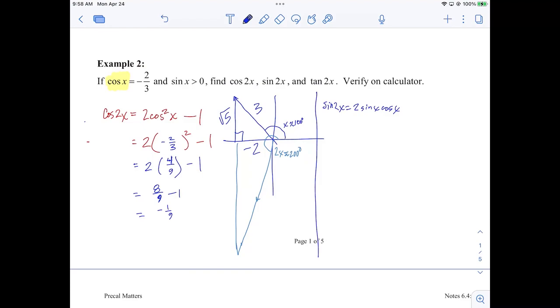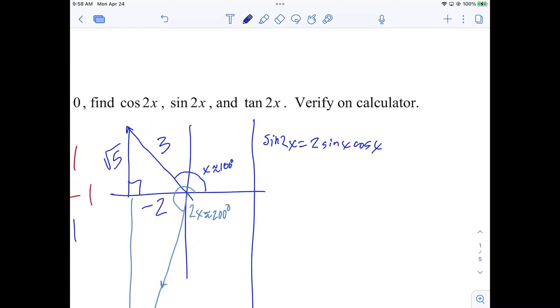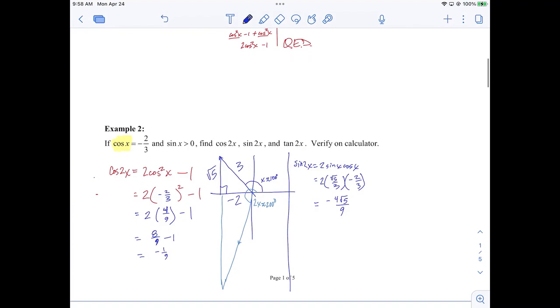I have to have the sine as well. But I have the sine because I have the y value. I used the Pythagorean theorem, 9 minus 4, and I got the y value, square root of 5. So let's go ahead and plug in. The sine of x is the square root of 5 over 3, and the cosine of x is negative 2 over 3. So this ends up being negative 4 square root of 5 over 9, which is in fact a negative number.